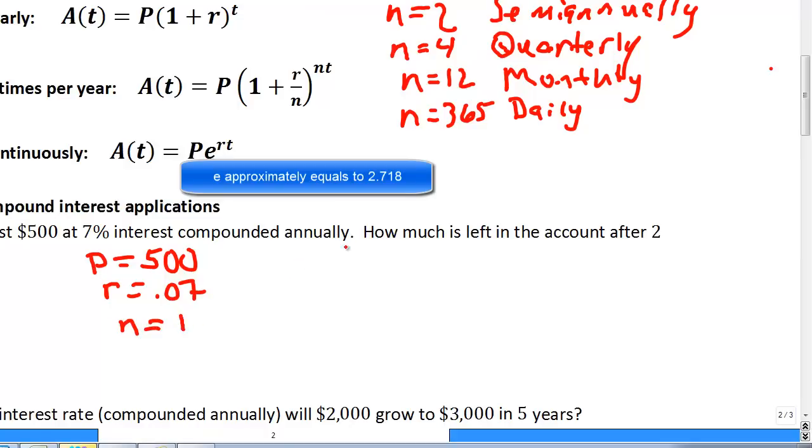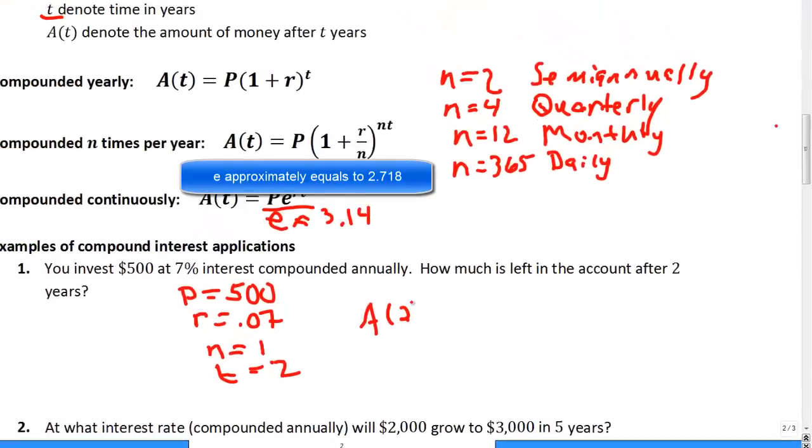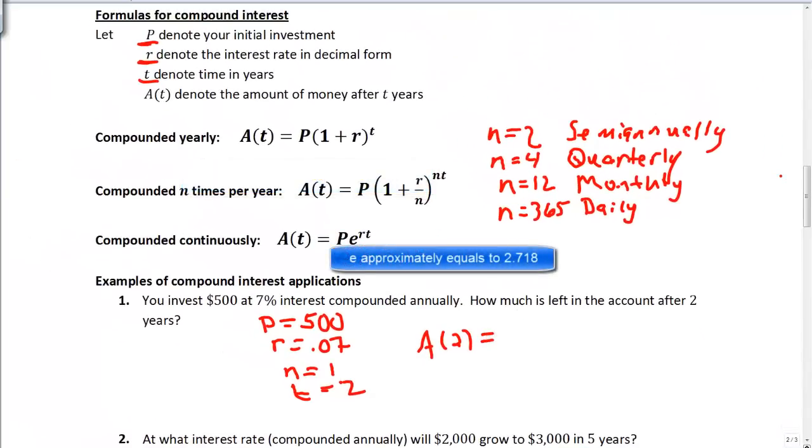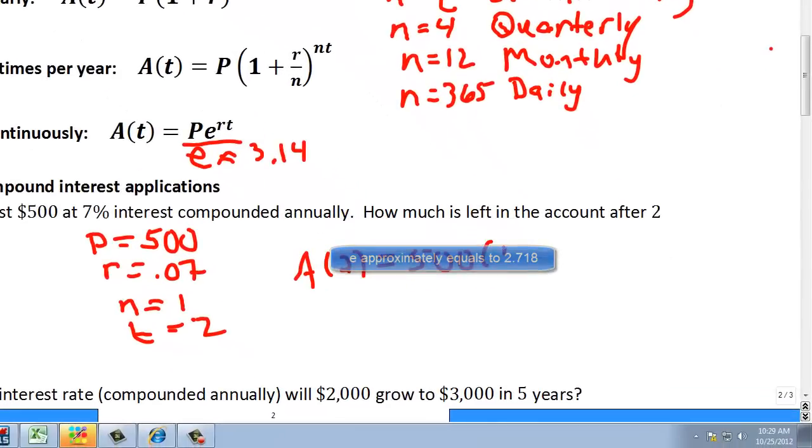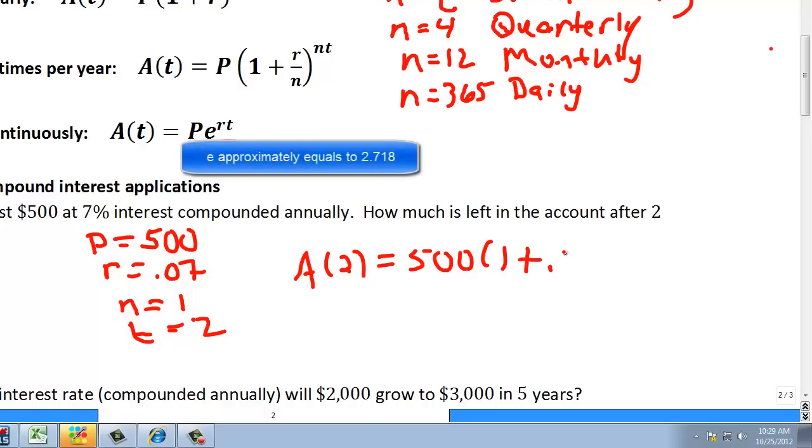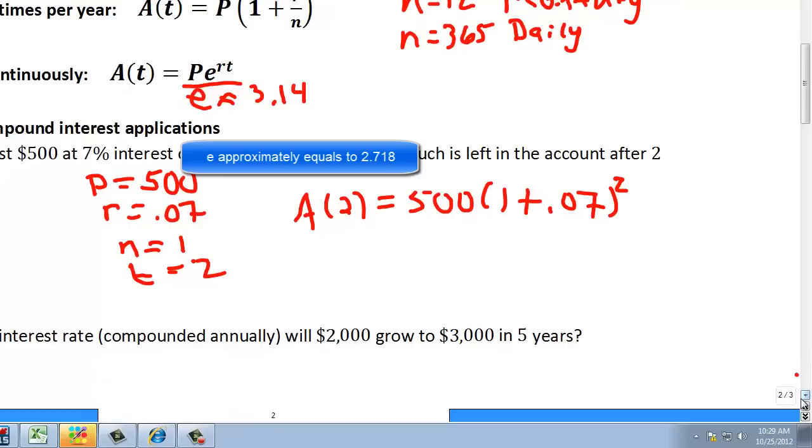And we're given that t equals 2. So we're actually looking for A of 2, where we're plugging it into this first formula here. So it would just be the initial investment of 500 times 1 plus 0.07 raised to the second power, right? And one could punch that into the calculator and round it off to the nearest penny.